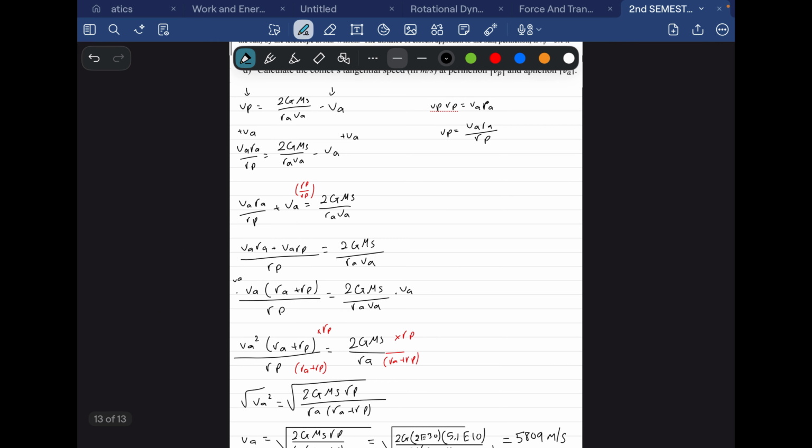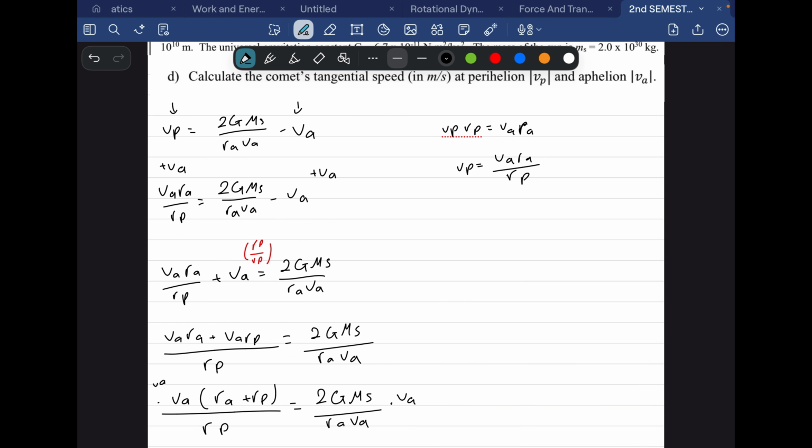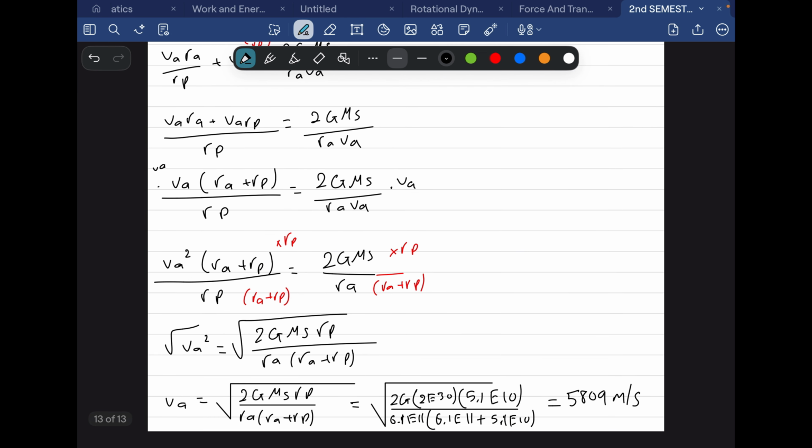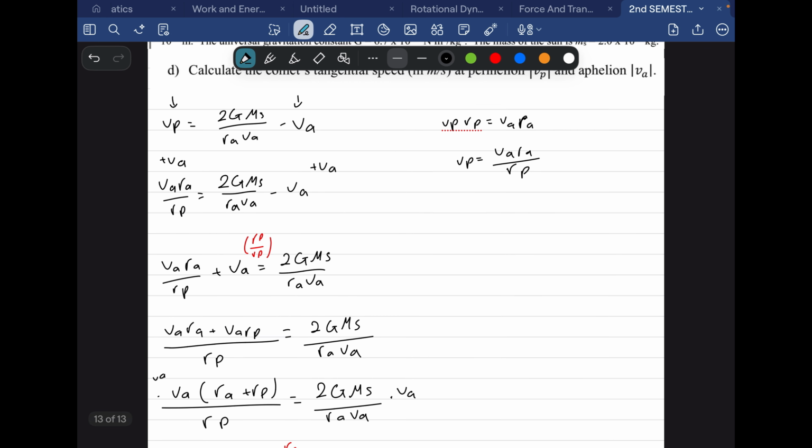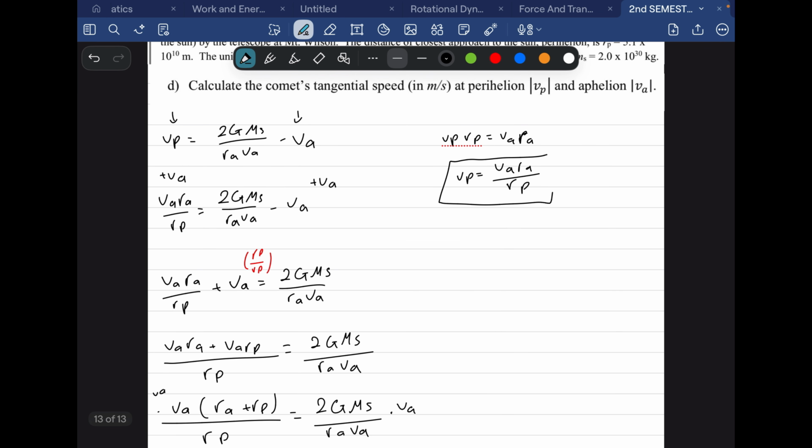right? Then to find V perigee, okay, earlier we found V apogee, now to find V perigee, we use this equation. So VP is equal to, and then V apogee is 5809.